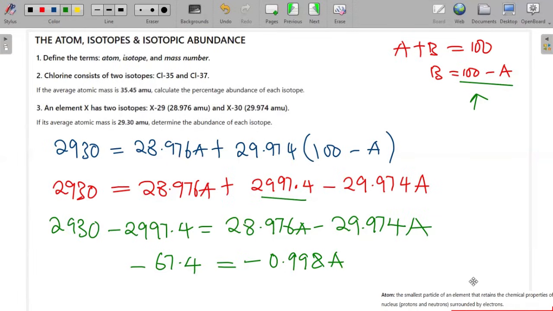To find the value of A, I divide both sides by minus 0.998, and this side by minus 0.998.